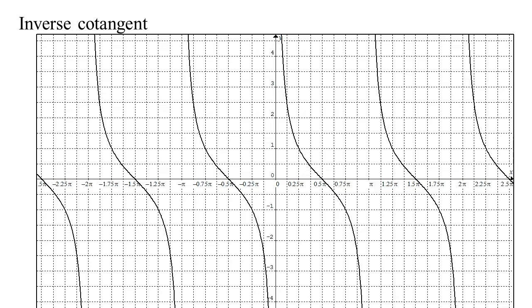Let's do it for the cotangent. So the cotangent, let's see, where would be the natural breaking point here for the cotangent? You could maybe go from minus pi/2 to pi/2. That would work. But the most common thing is to go from 0 to pi, like this. So we just take that part of the cotangent and throw the rest away so that it will have an inverse. Okay, that's the most common way that cotangent is defined.